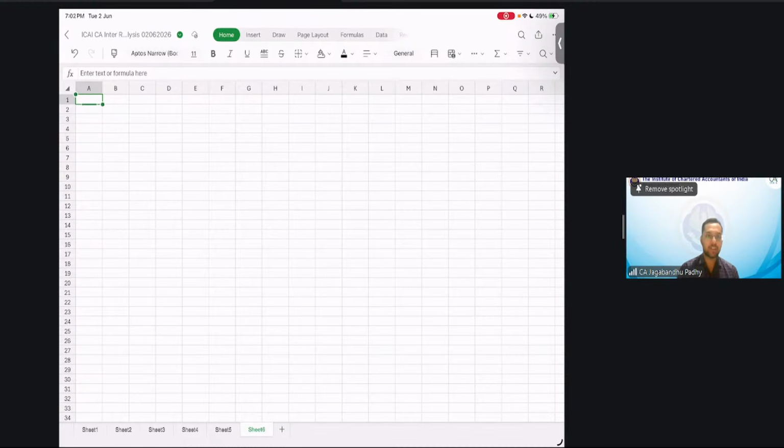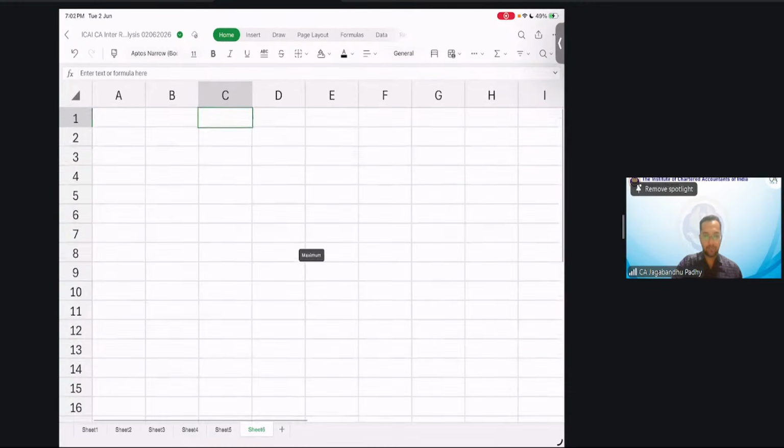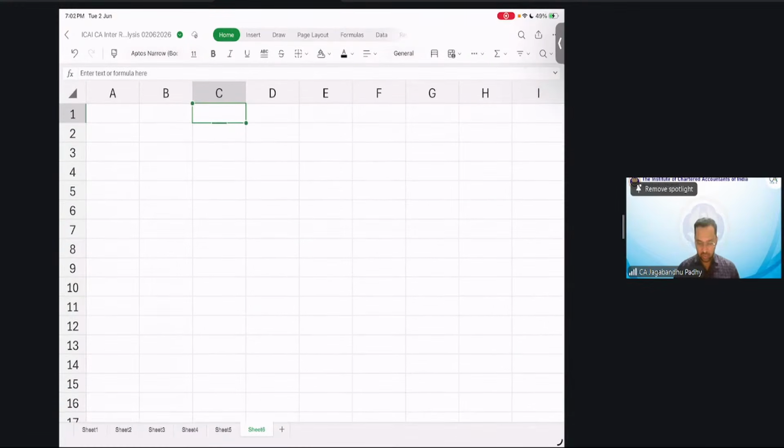Long-term solvency is whether we are able to honor the long-term obligations or not. How good we are when it comes to long-term solvency. So for that, let's not directly go for the ratio calculation. Rather, we'll take some numerical examples, and from that, we'll try to understand how we measure those ratios.